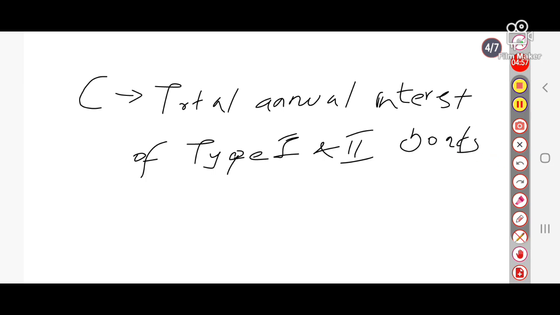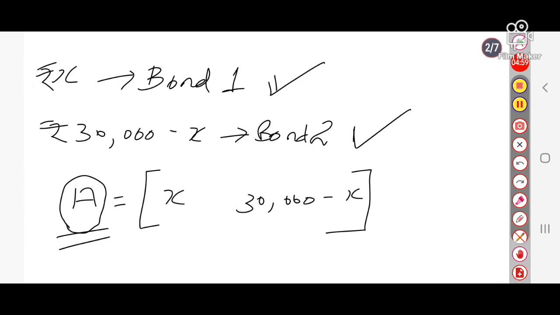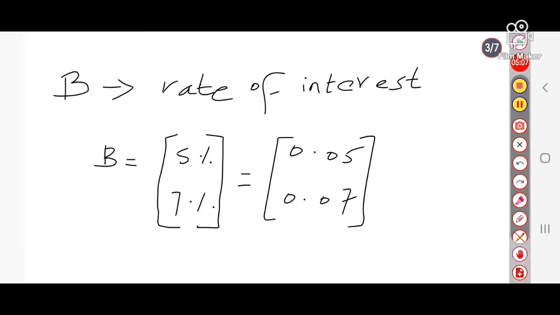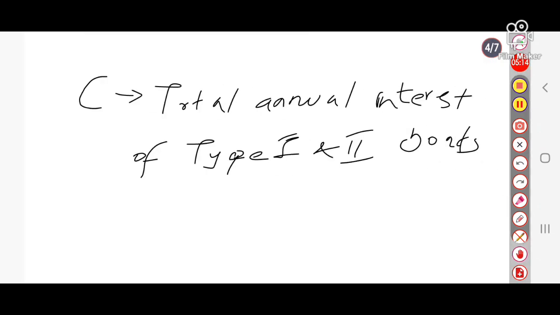So the A matrix denotes the amount invested in type 1 bond and type 2 bond respectively. The B matrix denotes the rate of interest in type 1 bond and type 2 bond respectively. Now the matrix C represents the total annual interest of type 1 and type 2 bond.